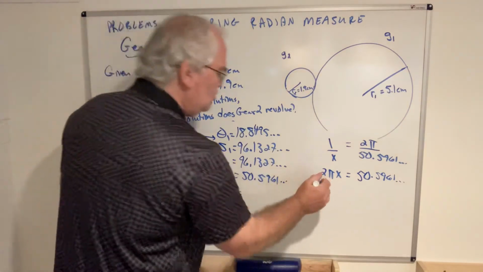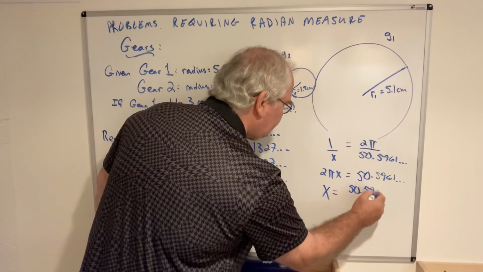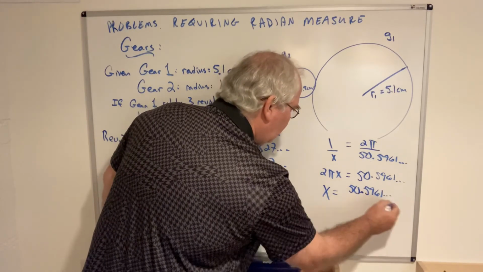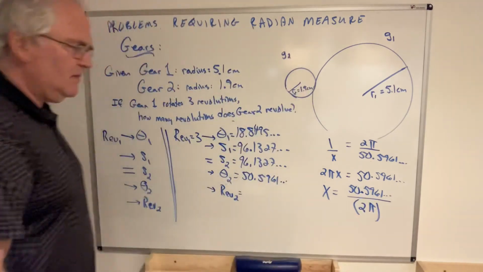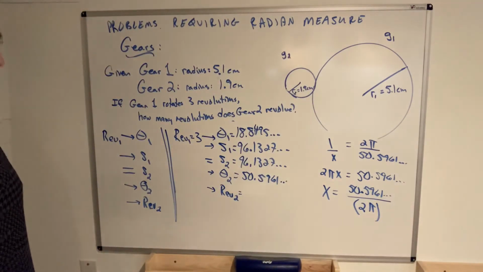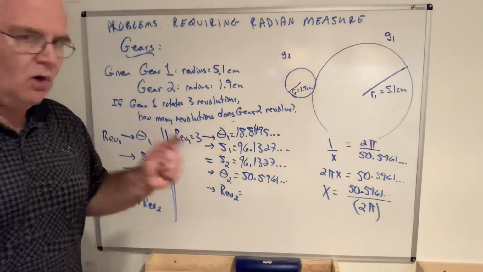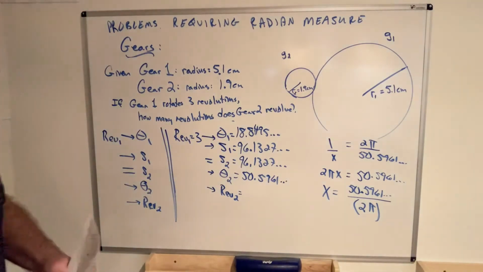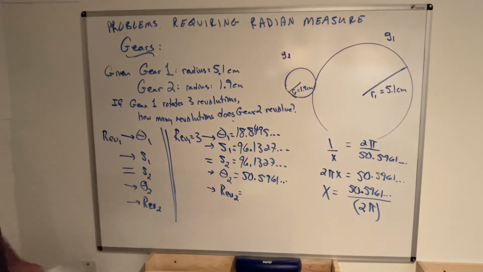Divide both sides by 2 pi. But remember, when you divide, you must divide by parenthesis 2 pi. And so we've left that number in the calculator. You always leave all these numbers in the calculator. Don't clear.